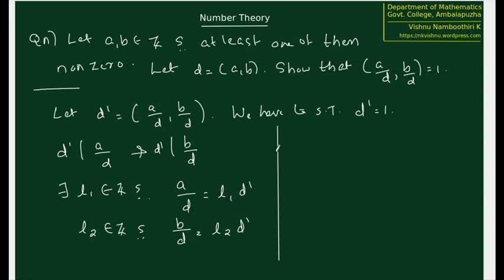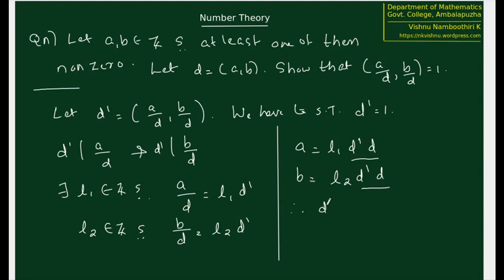So if we rearrange these two equations, that is a by d equals L1 d dash and b by d equals L2 d dash, we get a equals L1 d dash d and b equals L2 d dash d. Now see here we have d dash d in both, that's a common divisor of a and b.